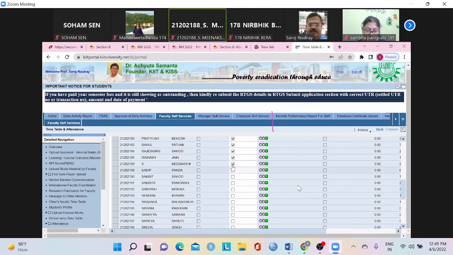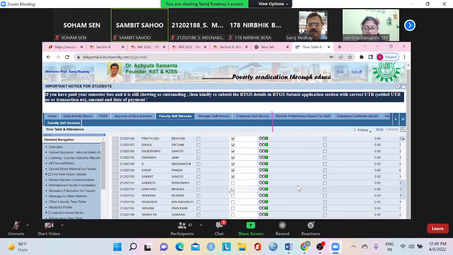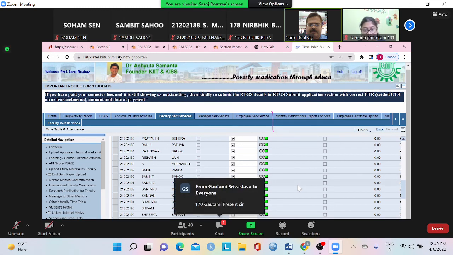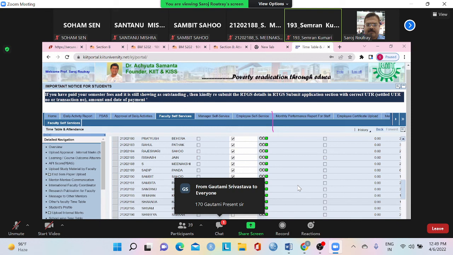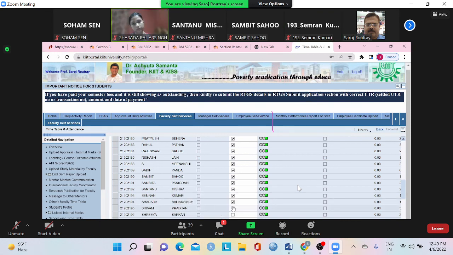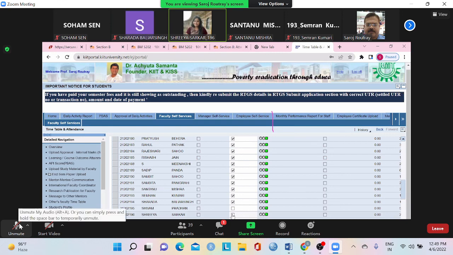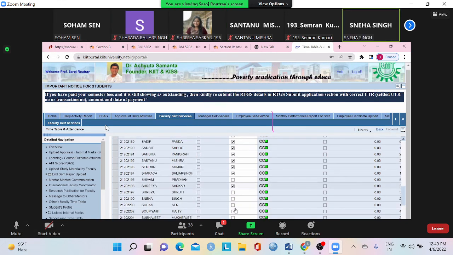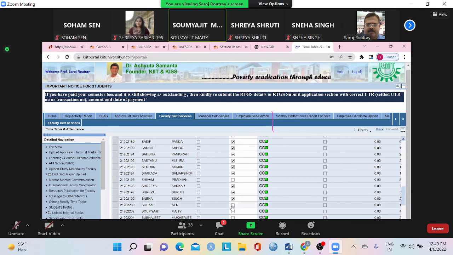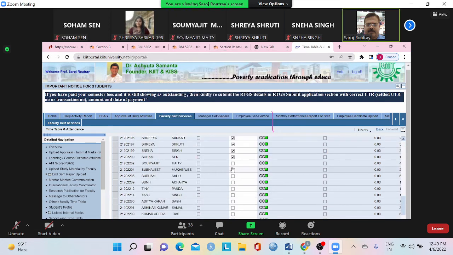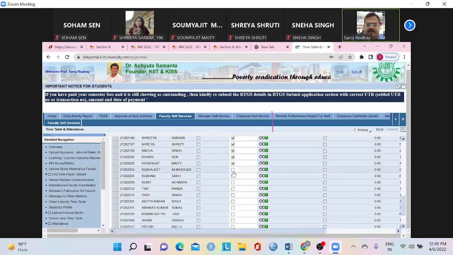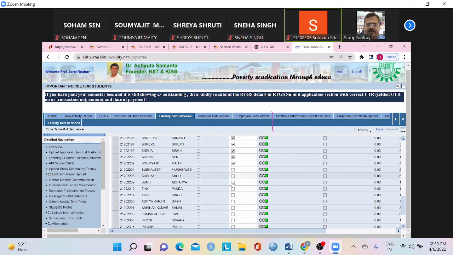Sadeep, present, sir. Sambit, present, sir. Sambita, present, sir. Santanu, yes, sir. Simran, present, sir. Sharda, present, sir. Shreya, present, sir. Sneha, present, sir. Shruti, present, sir. Soumyajit, present, sir. Subham, present, sir. Sunit, present, sir.